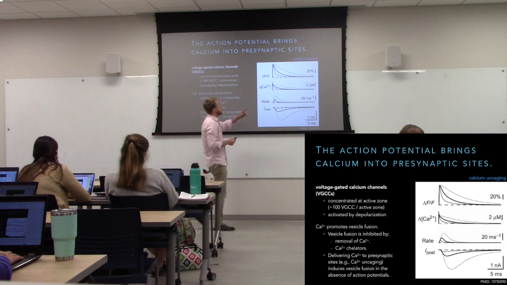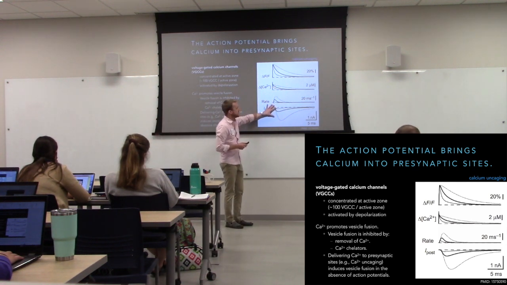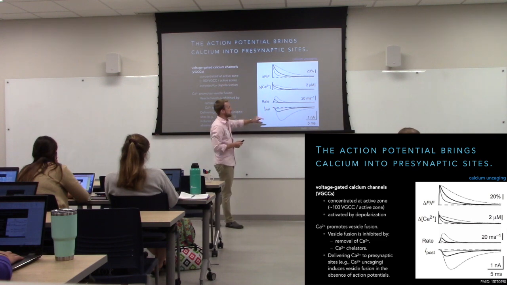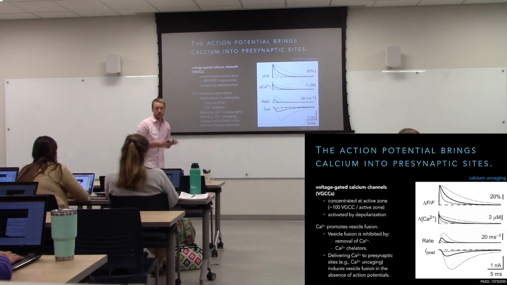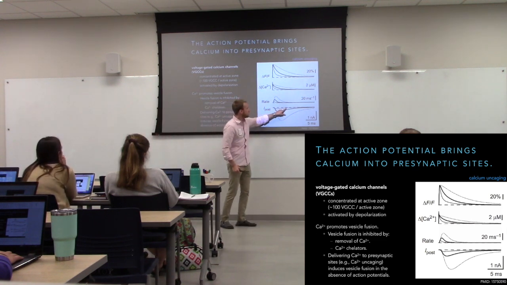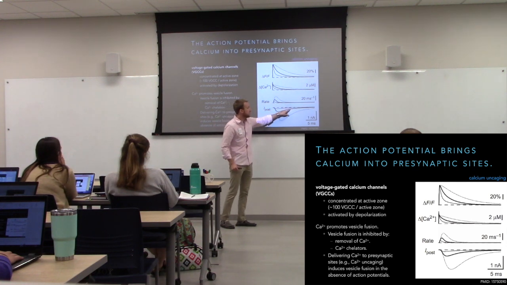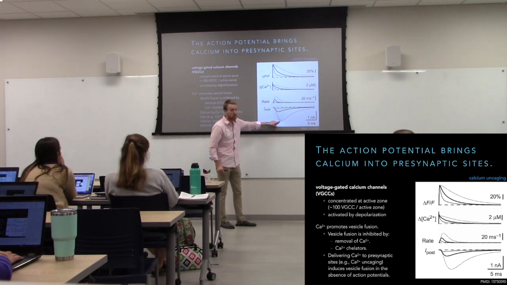So we're applying different amounts of light, getting different amounts of calcium, and we're measuring different amplitudes of postsynaptic currents. That's the bottom there. Shine a little bit of light, get a little bit of calcium, get a small postsynaptic response. A little more light, a little more response. A lot of light, a lot of response.